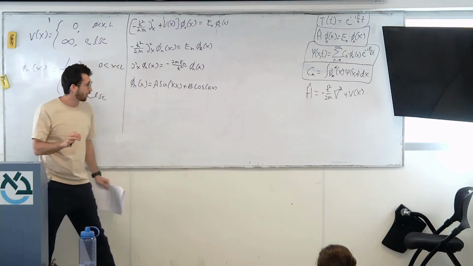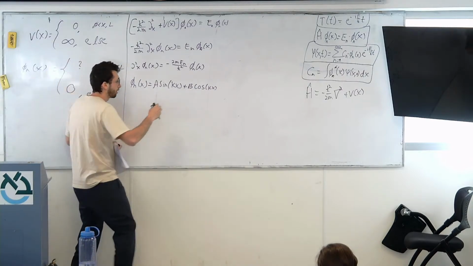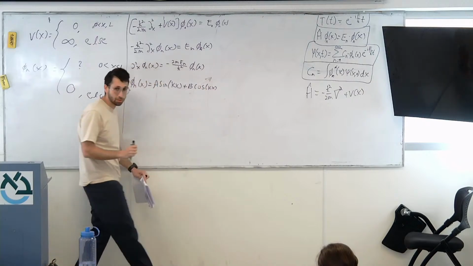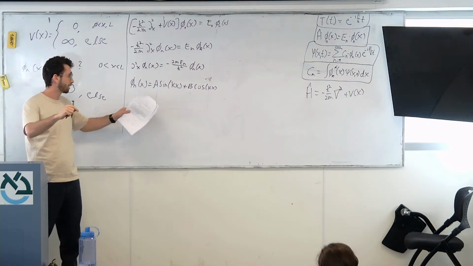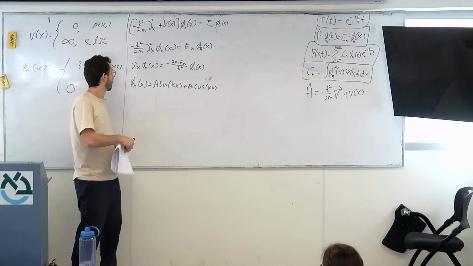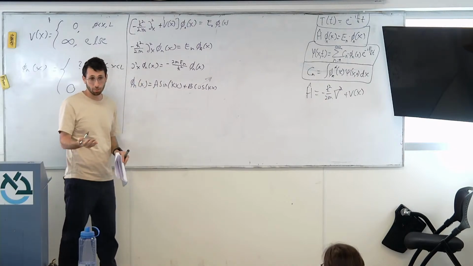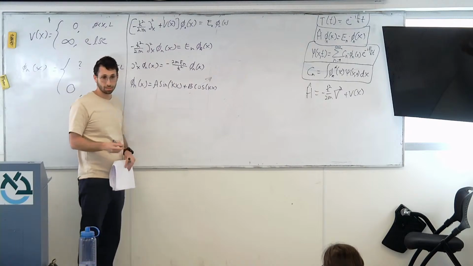What I want to emphasize is that the cosine part vanishes due to the boundary conditions, because we have both conditions, both sides at x equals 0 and L. We must get phi n of x equals 0, and the only way to satisfy this condition is using a sine.